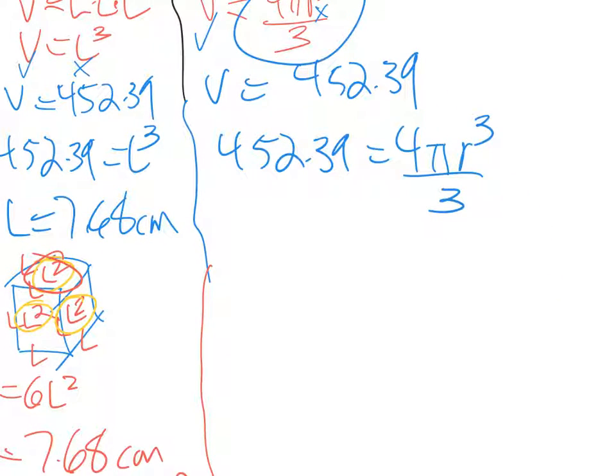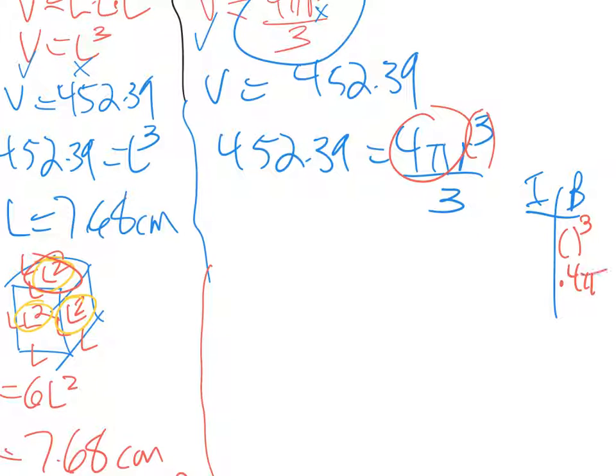So I need to solve that equation. Now that's not quite as easy as the cube, so let's maybe look for this one at BEDMAS and inverse. So I know the first thing that would happen would be cubing if I had a number in there for r. So the first thing would be to cube. Then I would multiply by 4 pi, and I would divide by 3.